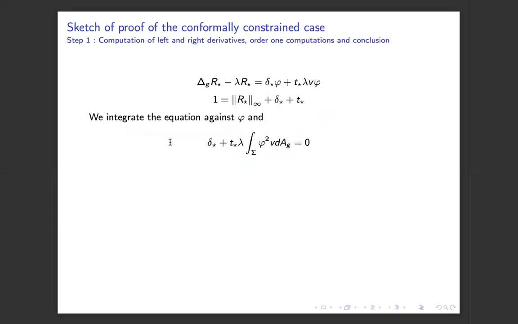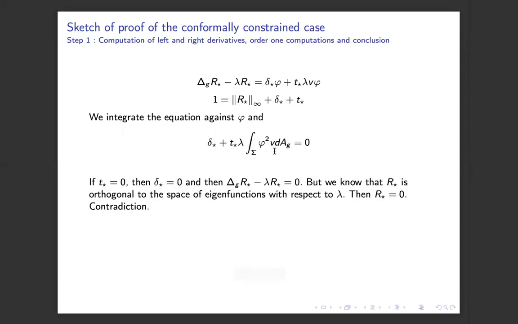So now let's argue with these equations. We integrate the equation against phi, which is the first limiting eigenfunction in our problem. Then we have that delta star is equal to something depending on t star. And if t star is equal to 0, then delta star is equal to 0, thanks to this equation. And then we obtain, thanks to this equation, that R star is a first eigenfunction.